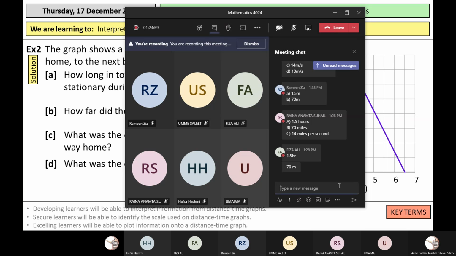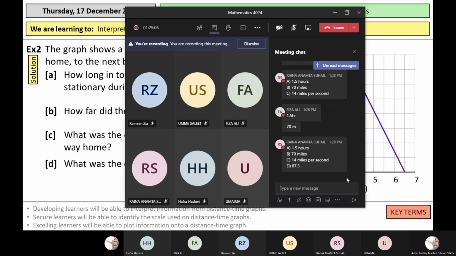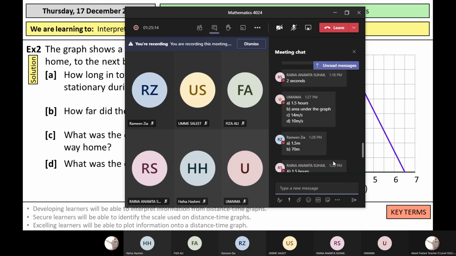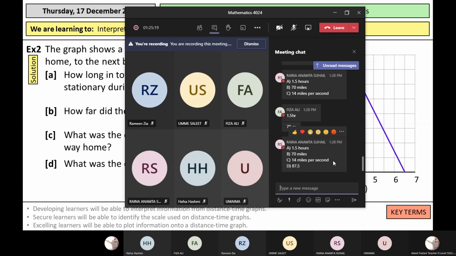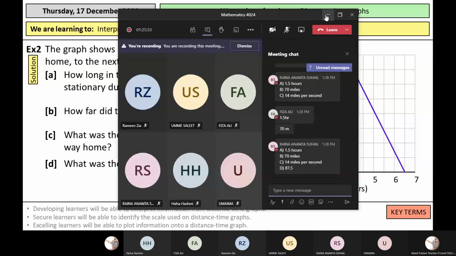Then press enter and I'll find it. Anyways, Raina has responded. So finally, I'm going to reveal the answer and let's see who is going to get full marks in these four parts.